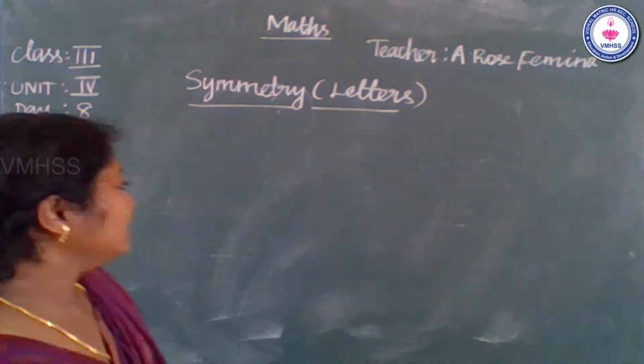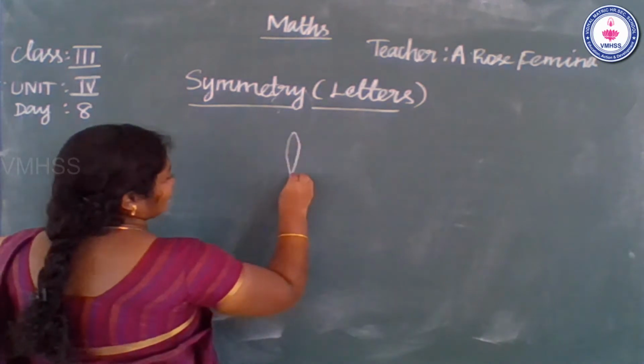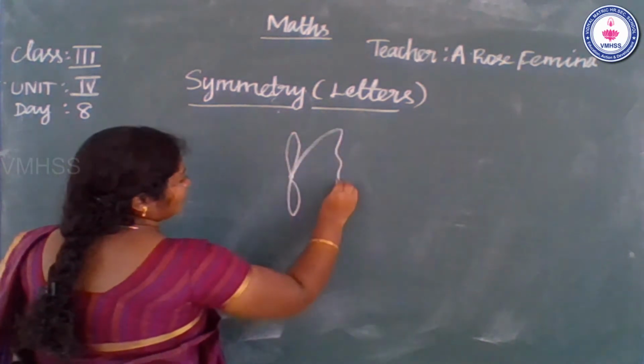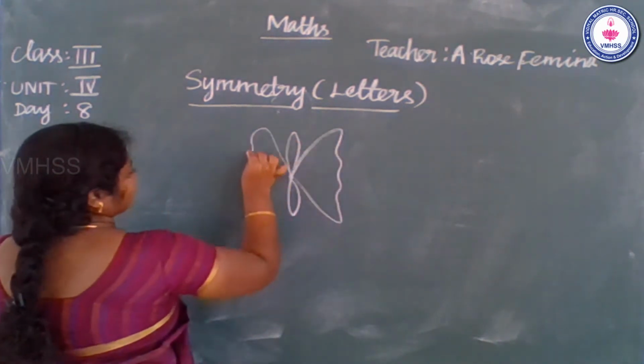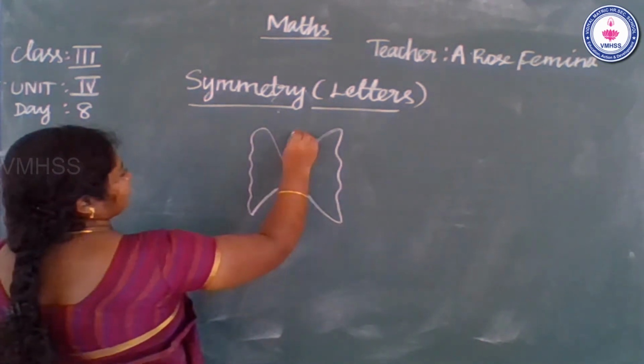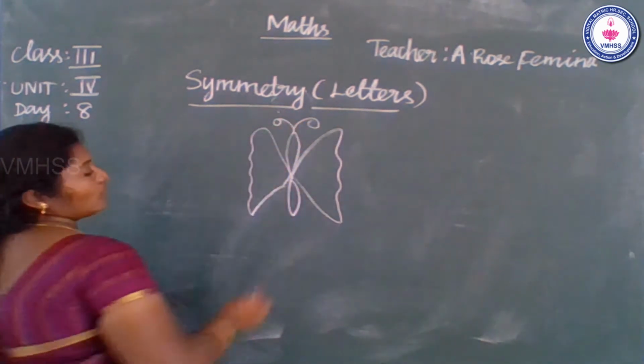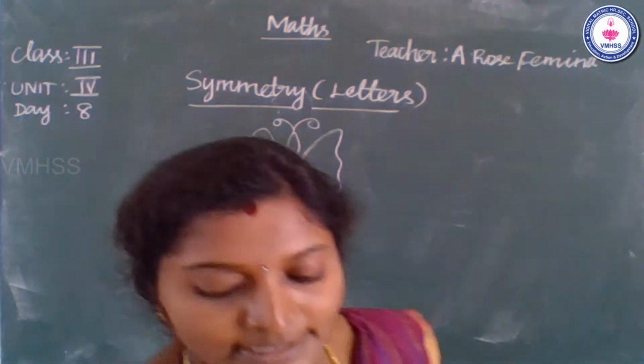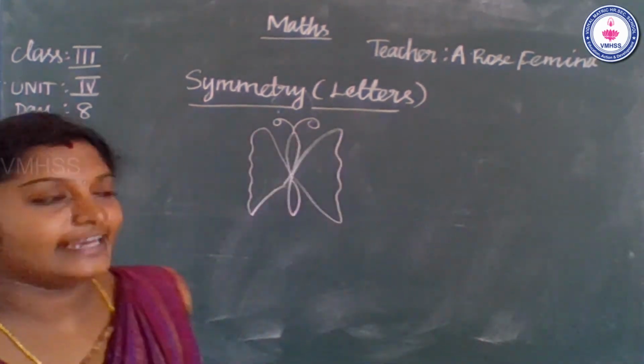For example, this is a butterfly. This is the center dividing line.